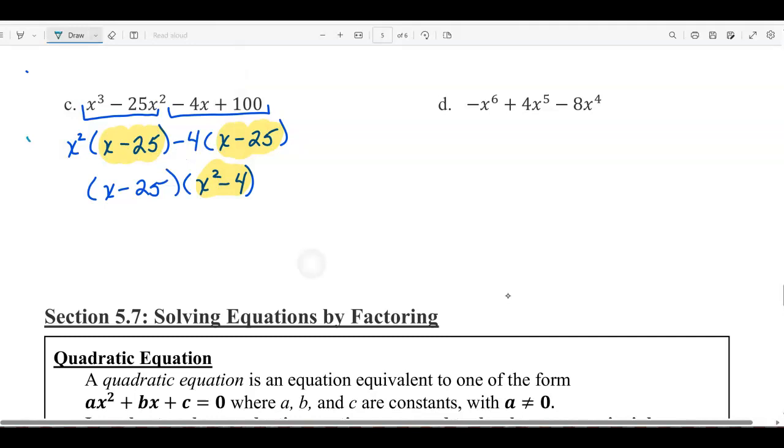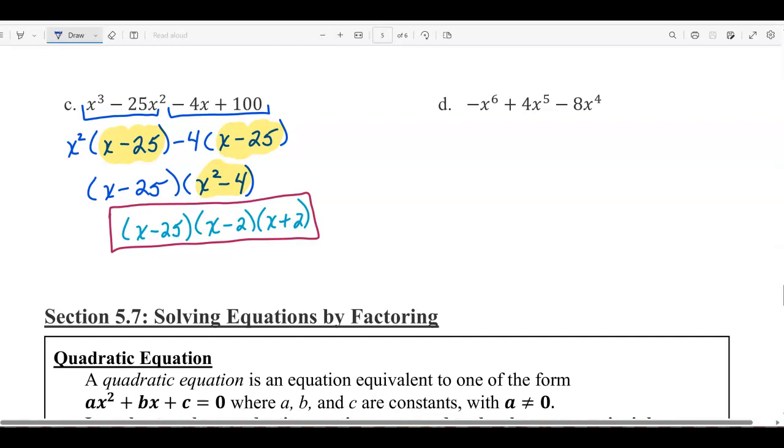So the x squared minus 4 factors into x minus 2, x plus 2. Don't forget to bring down that x minus 25 that's in front. Now we are what we call completely factored. I don't have any repeating factors, so I really don't have anything else that I can rewrite with an exponent. This is the final answer.